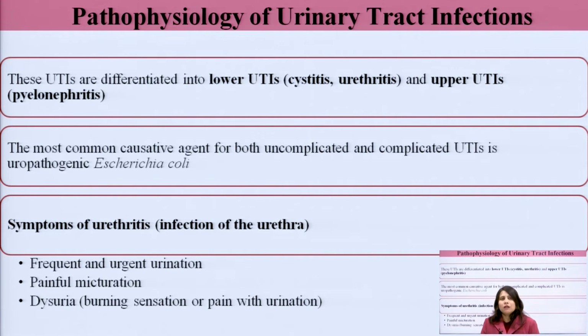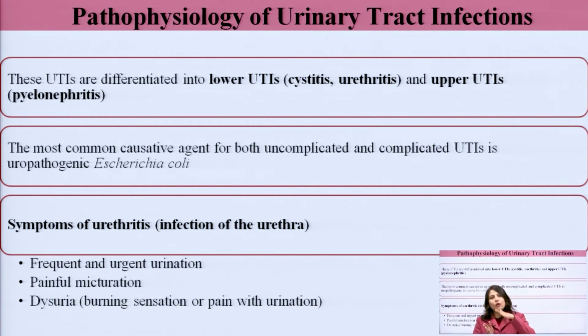Lower UTIs occur in the lower portions of the urinary tract. They are cystitis, when the inflammation or infection of the bladder occurs, and urethritis, when the infection is lodged in the urethra and results in inflammation of the urethra. The upper UTIs are when this infection travels to or results in the infection of the kidneys, which is known as pyelonephritis.